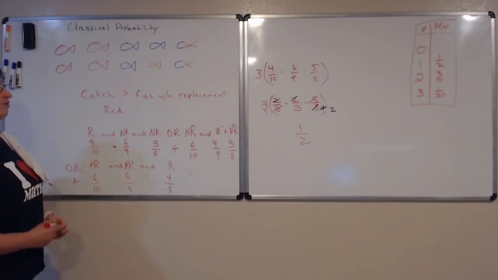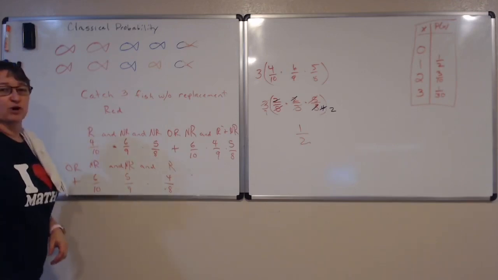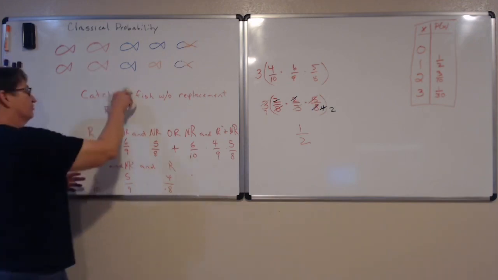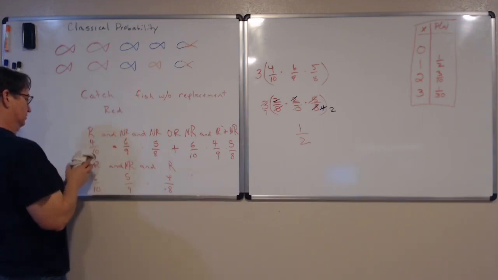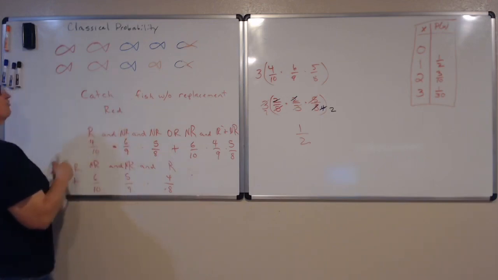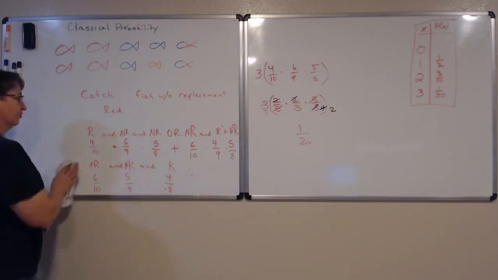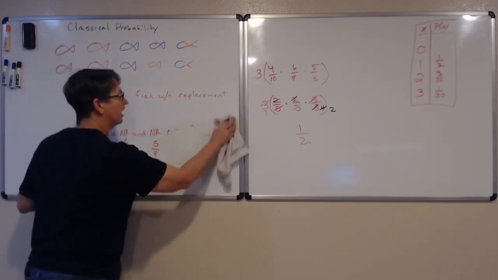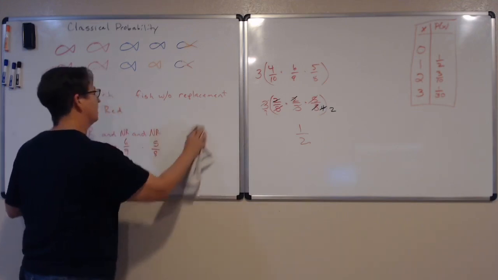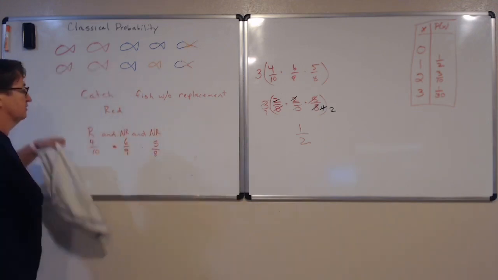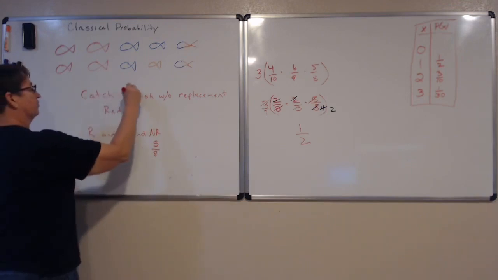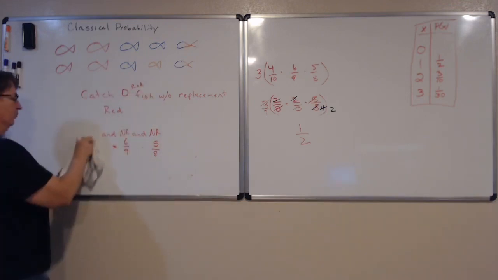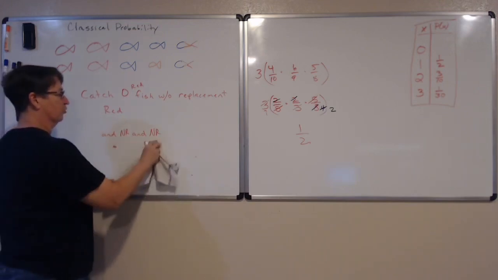All right, so now let's do 0. So the 0 fish, 0 red fish. In order for me to get 0 red fish, there's really just one way to do it. I have to get a not red, a not red, and a not red, in order for me to get no reds.